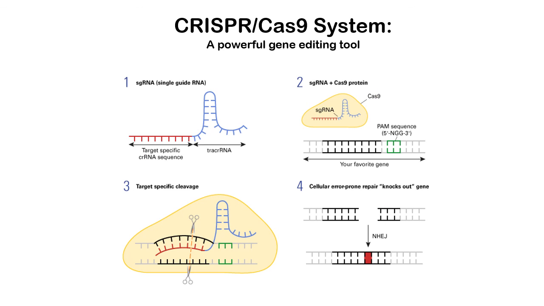Aside from using gene therapy, we have also developed techniques known as gene editing. Gene editing is a group of technologies that give scientists the ability to change an organism's DNA. This technology allows genetic material to be added, removed, or altered at particular locations in the genome. Several approaches to genome editing have been developed.